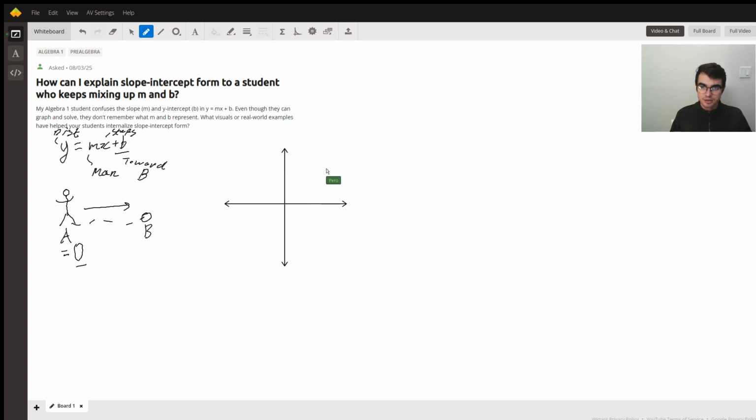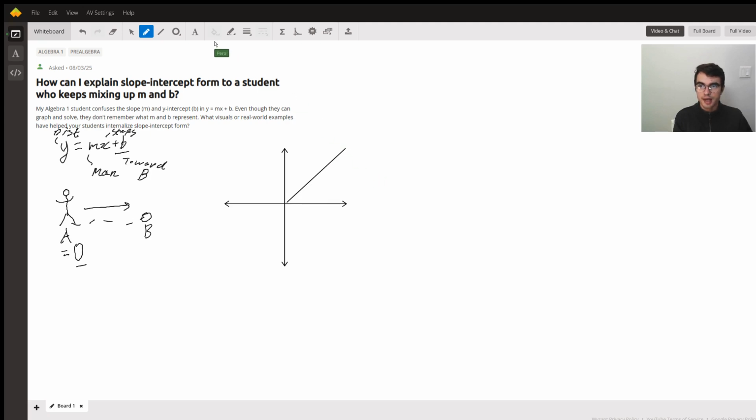Using this analogy, I have a man traveling down this road. Let me just change it to a solid line here. Okay, then. There we go. So a man is walking down this road, and let's say it's an average size man.